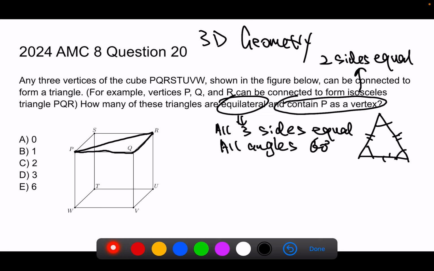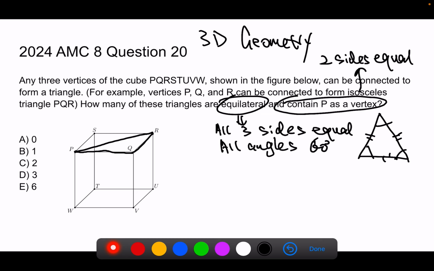Like this one, how do you simplify it? Well, you start from P and try to form some triangles to get a trend or figure out what's inside. How can I get an equilateral triangle? And then, based on this insight, you can figure out how many such triangles are there.